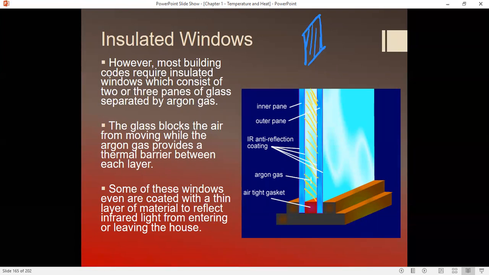Glass is a pretty good conductor of heat. So if we can put this dead space in between the glass, usually we fill it up with argon gas, so water vapor can't condense and fog up the windows. But this does much better than a single pane. You can also get triple panes. You get three different panes of glass with two spaces in between.